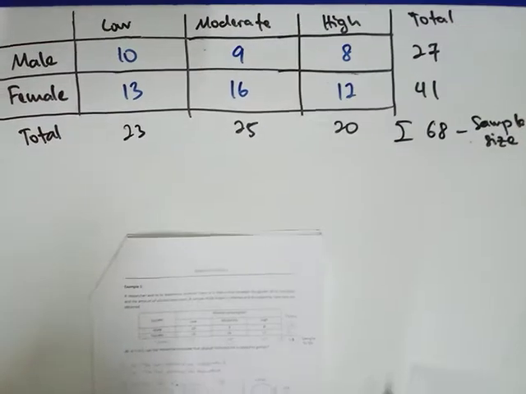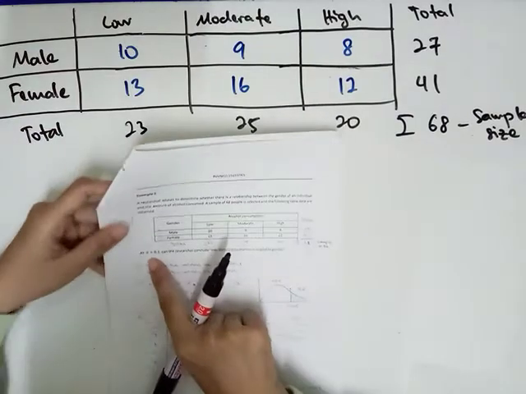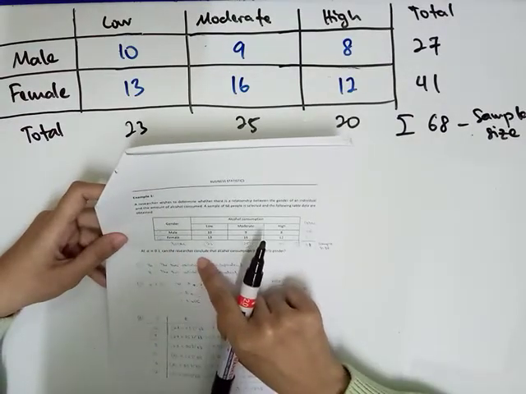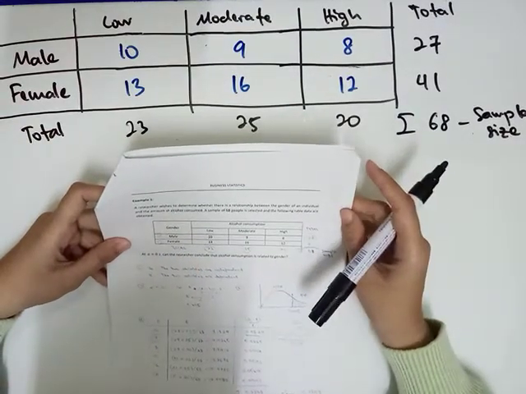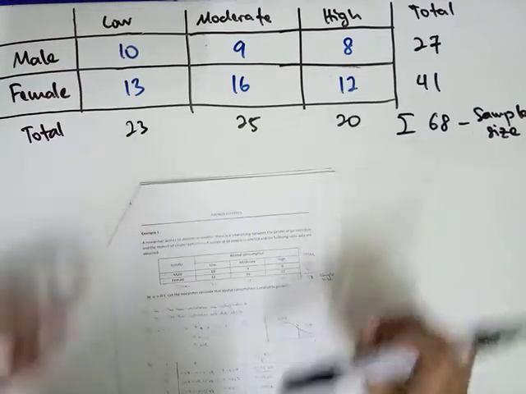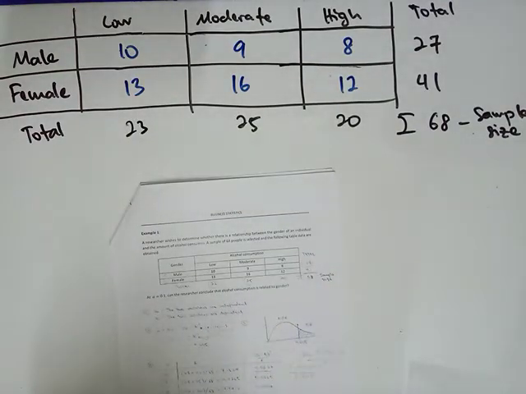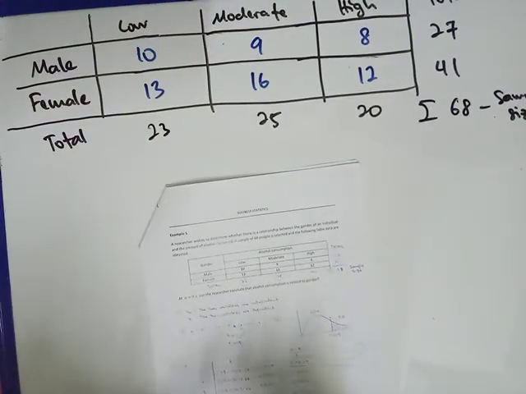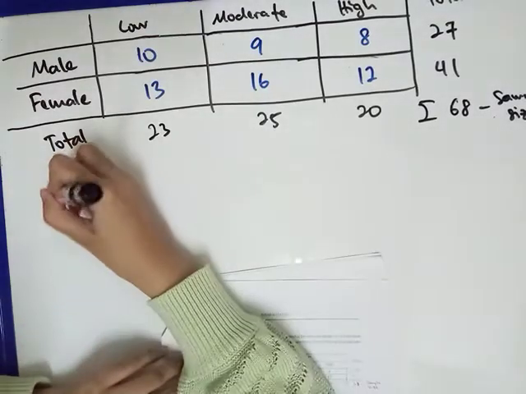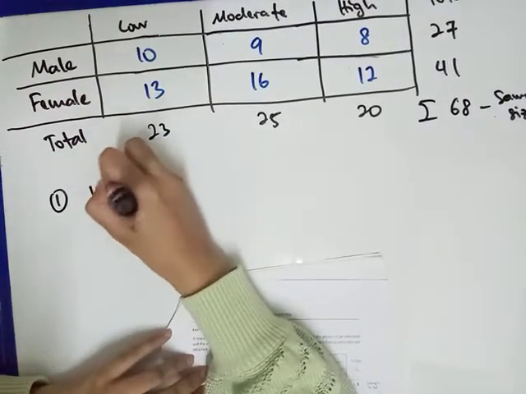And then, read the question. At alpha 0.1, can the researcher conclude that alcohol consumption is related to gender? So there is a hint that we need to use the chi-square technique. The first step is to state H0 and H1. What is H0?